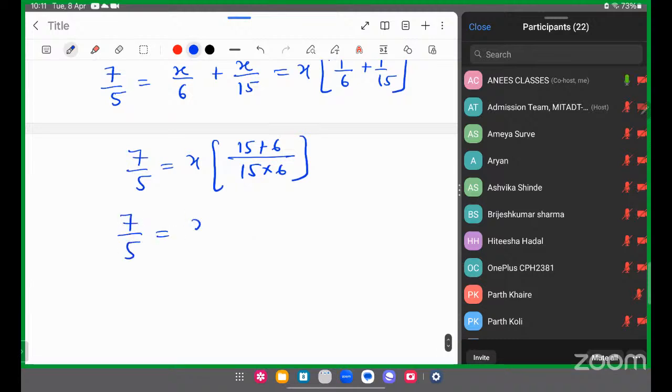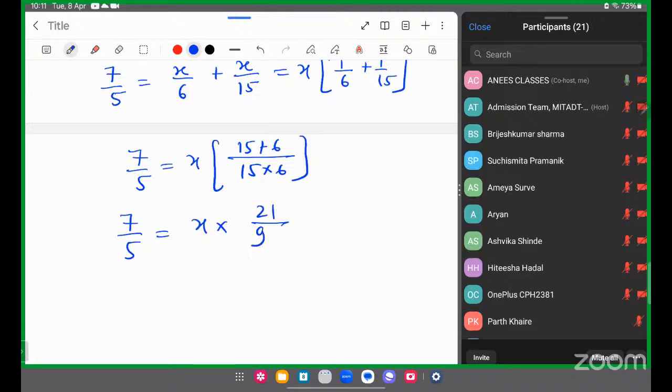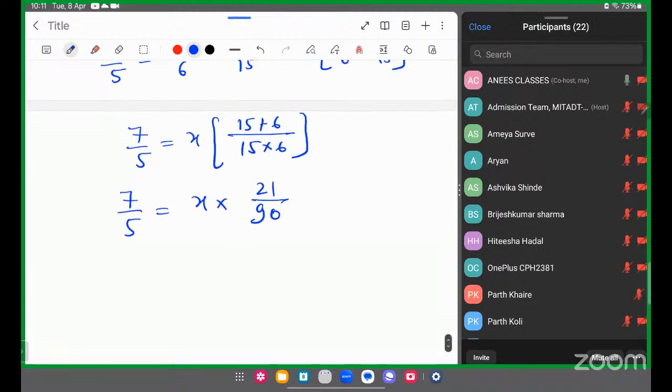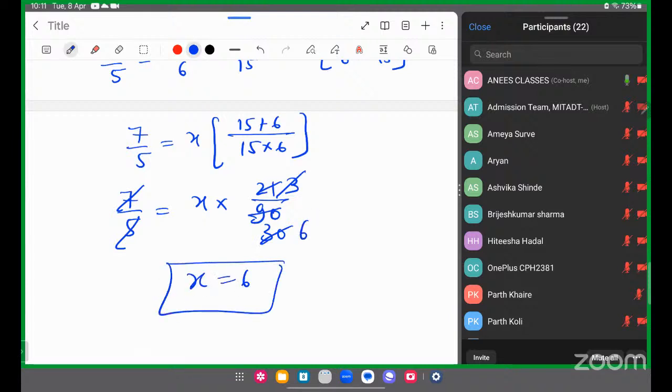So 7 by 5 equals x into 15 plus 6, that is 21, divided by 15 into 6. 15 into 6 is how much? 90. This will be 7, 3 ja 3, 5 6 ja. So overall answer will be 6. Understood?